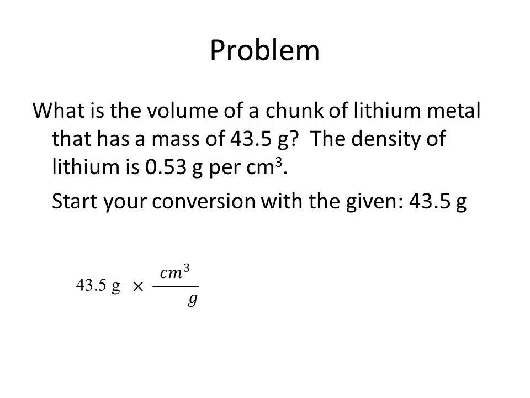Next, we're going to make sure that grams cancels out and we go to a unit of volume, centimeter cubed. In order to make this fraction equal to 1, I look up in the problem and I see that 0.53 is written with gram in the density. So I will put 0.53 with the unit gram. Now I enter this into my calculator and I come up with 82 centimeters cubed.